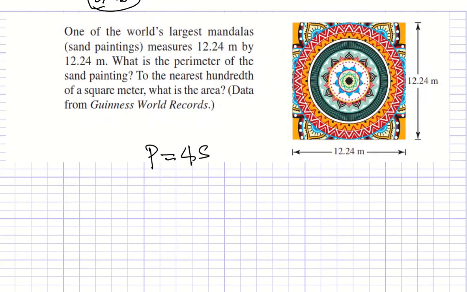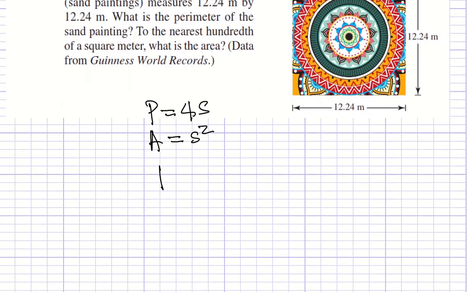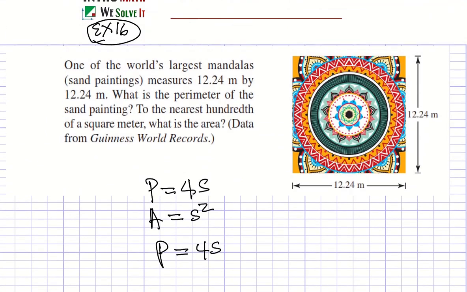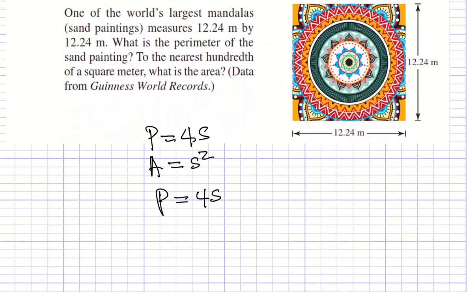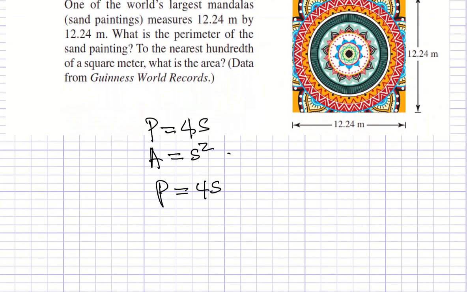And the area, they will give you all this formula. The area is s squared. So perimeter is 4s, and you're given the same measure, 12.24. So basically that's s.